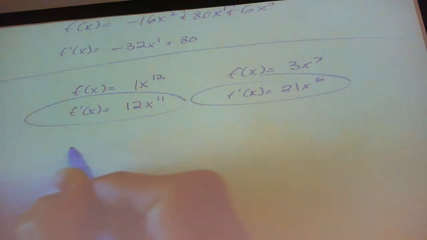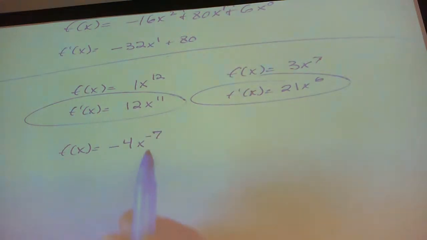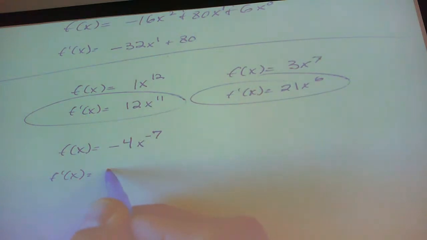Now, what if I said negative 4x to the negative 7? Oh no, it's a negative. Does it matter? No, it's the same stuff. Negative 4 times negative 7 would be 28. Subtract 1, be careful, what do you get? Negative 8. Okay, there's where you're going to make your mistakes.